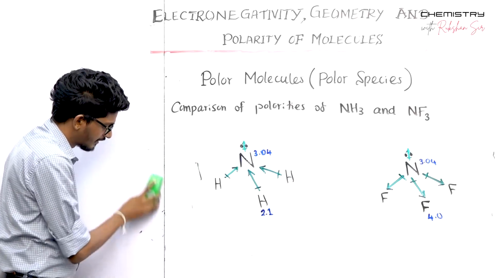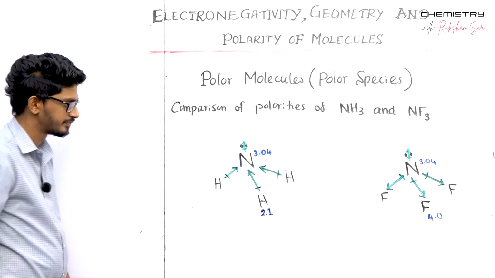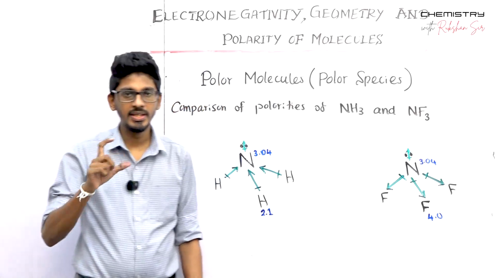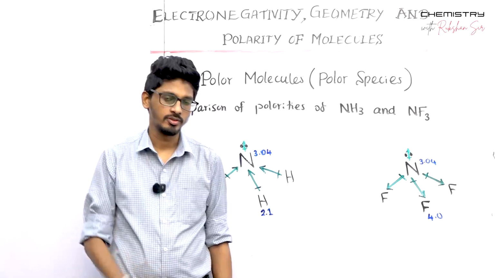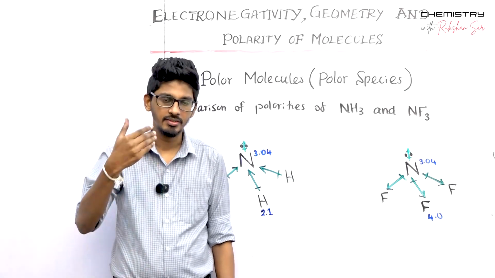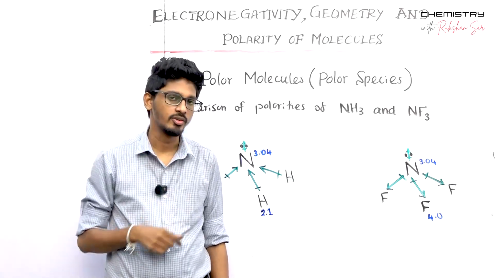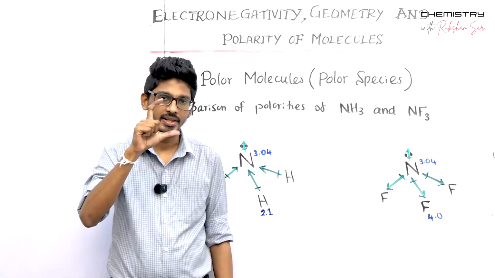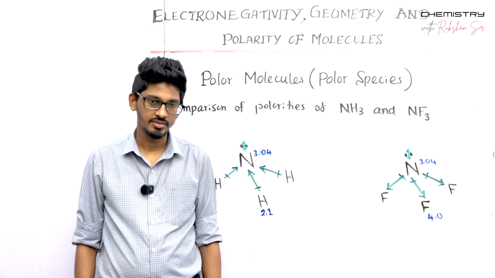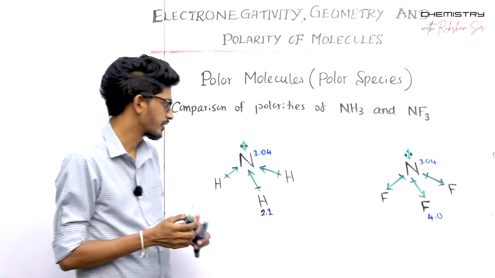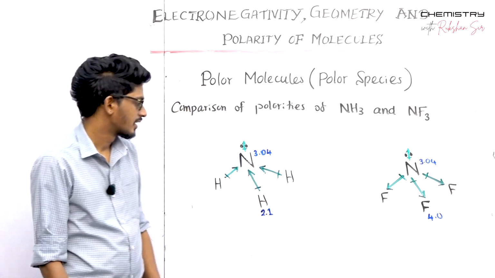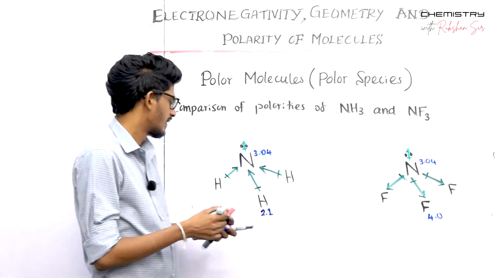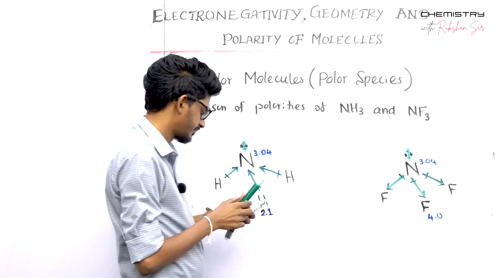Now let's come up with the resultant dipole moment. Right? Normally in vectors, the direction will be given by the direction of the arrow, and the magnitude will be given by the length of the arrow. Let's consider the length of the arrows to come up with the magnitudes of the net dipole moments of these two molecules. First copy this one.